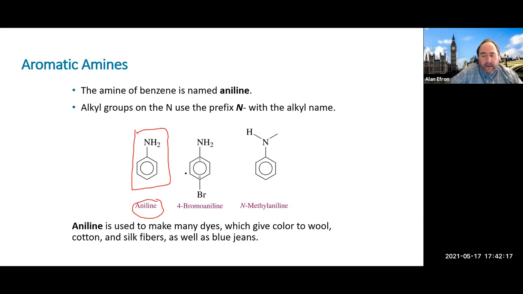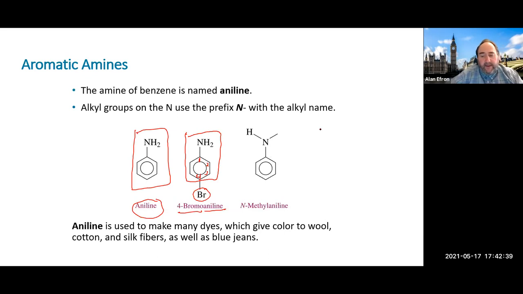So when you see that combination like here, that would be aniline. This would be carbon number 1, as shown, then 2, 3, and 4 coming around the corner, for 4-bromoaniline.